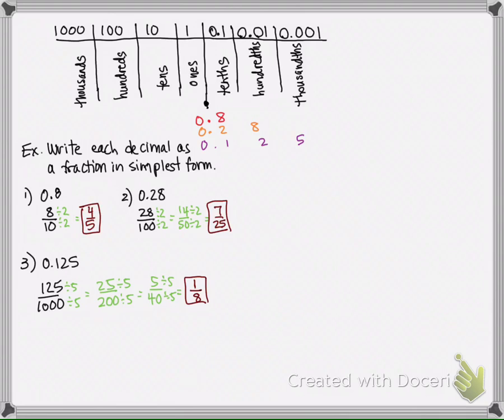What happens if we're dealing with mixed numbers? Let me give you an example. It takes about 4.65 quarts of milk to make a pound of cheese.